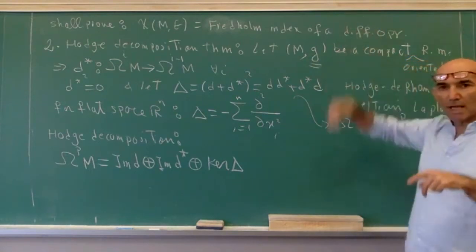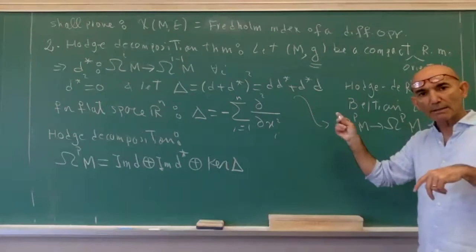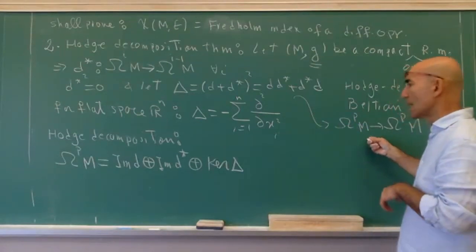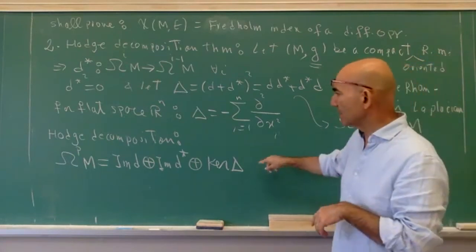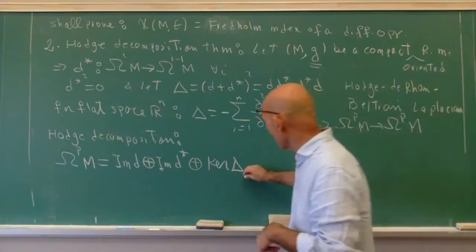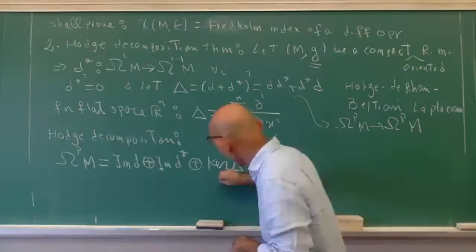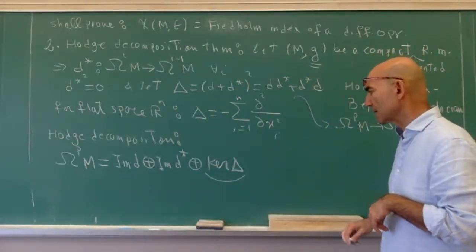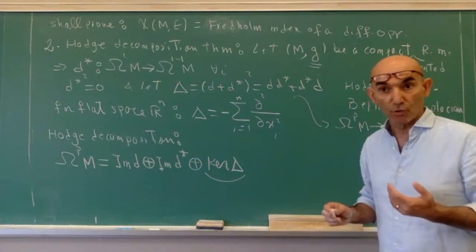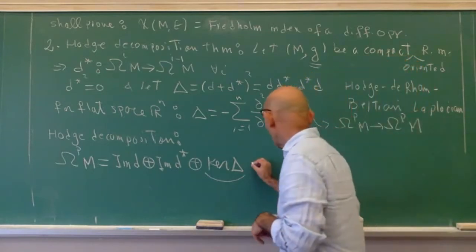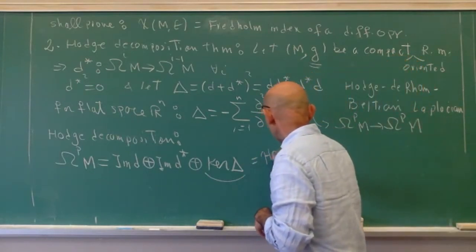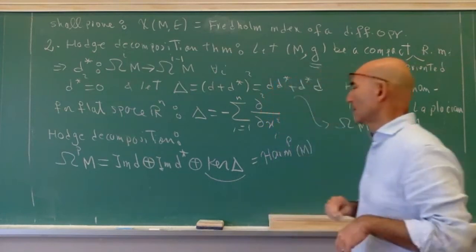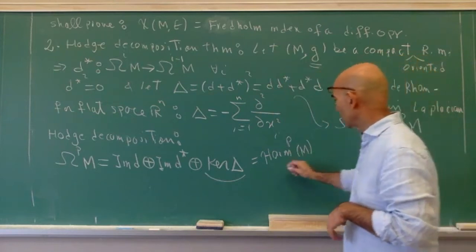You go up and down, down and up, you don't change the degree here. So this kernel of delta from Omega^p to Omega^p, there is a notation for this. These are called harmonic p-forms, another notation for which is Harm^p(M).